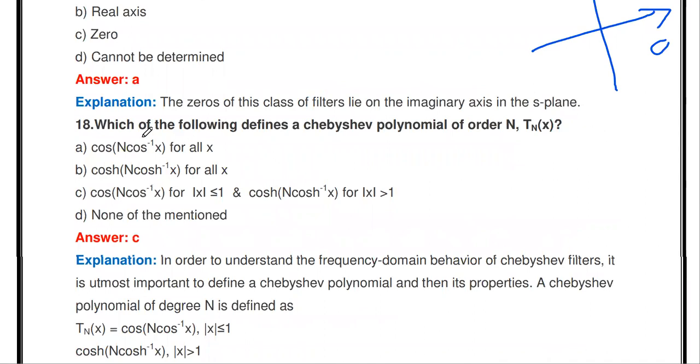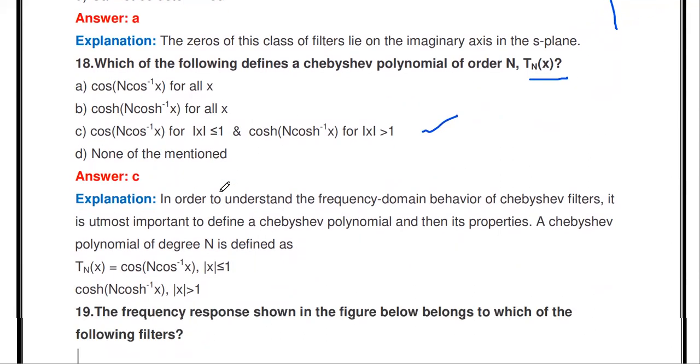The next one, which of the following defines the Chebyshev polynomial of order n, Tn of x? C is the correct one. The Chebyshev polynomial Tn of x is equal to cos of n cos inverse x for modulus of x less than or equal to 1, and cosh of n cosh inverse of x for modulus of x greater than 1.